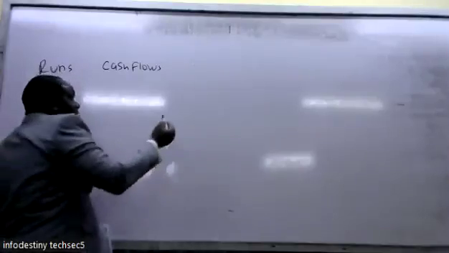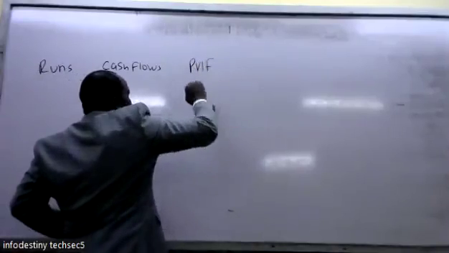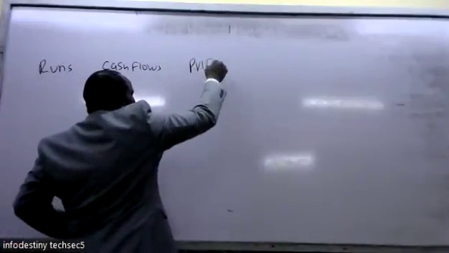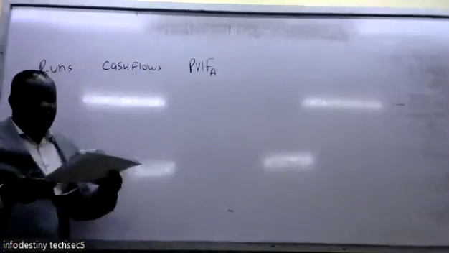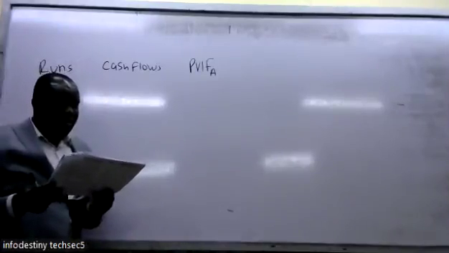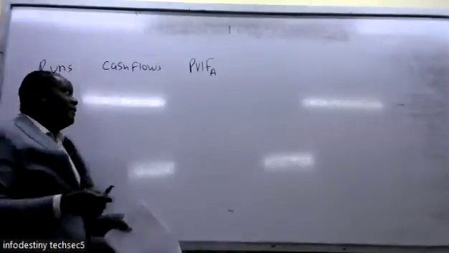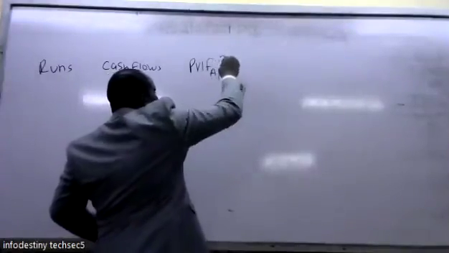Once we get the cash flows, we discount them at the present value interest factor for the annuity. The question had given us the cost of capital. Are you able to see our cost of capital? It is 16% for each year.